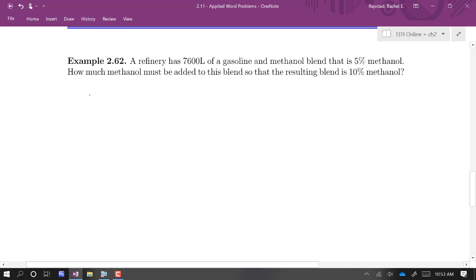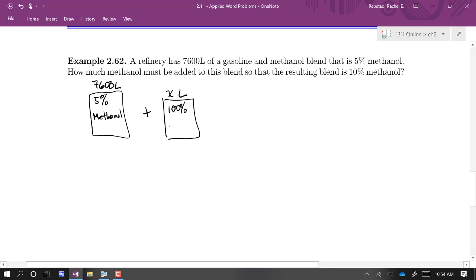So I'm going to just draw a little picture to help me understand what's happening in this problem. I'm starting out, I know I've got 7,600 liters, and this is 5% methanol. I'm going to add to that some unknown number of liters, say X liters, of pure methanol, so 100% methanol.